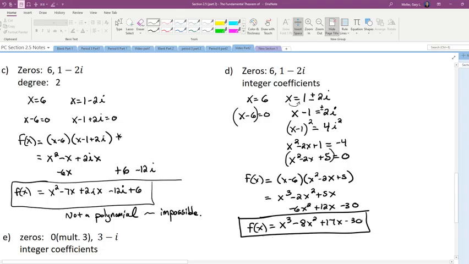All right, and that would be, again, not the only answer. We could get additional answers if we change some multiplicity, multiplied by a constant, something like that.